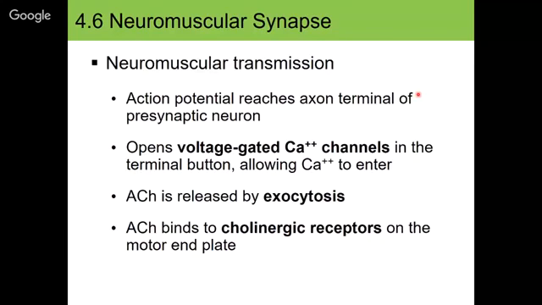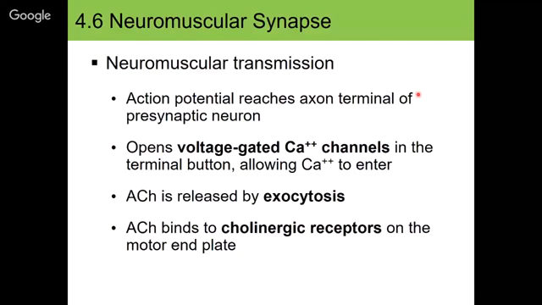So as with the neuron-to-neuron synapse, our neuromuscular synapse causes, at this point, the action potential to cause the release of a neurotransmitter by exocytosis of the vesicles, those little bubbles that hold the neurotransmitter inside the ending of the neuron. And in this case, it is our acetylcholine, okay?